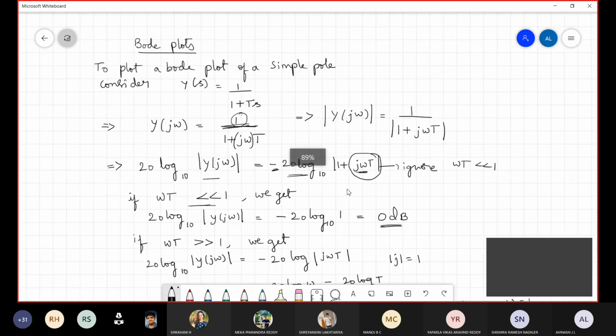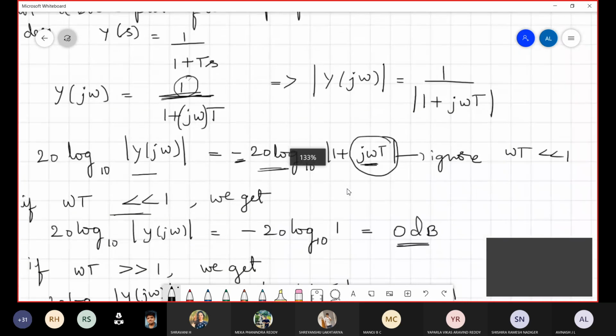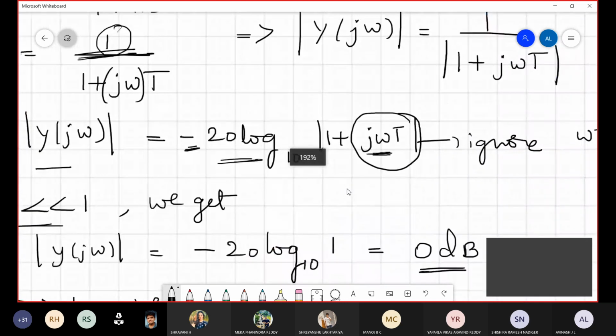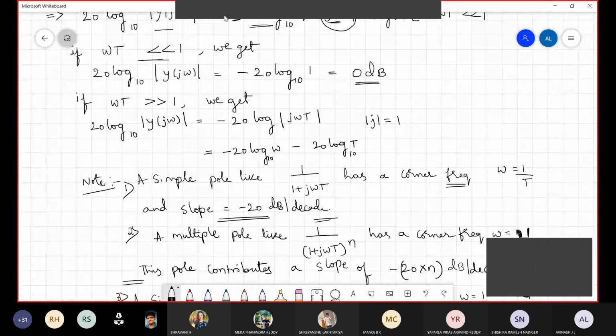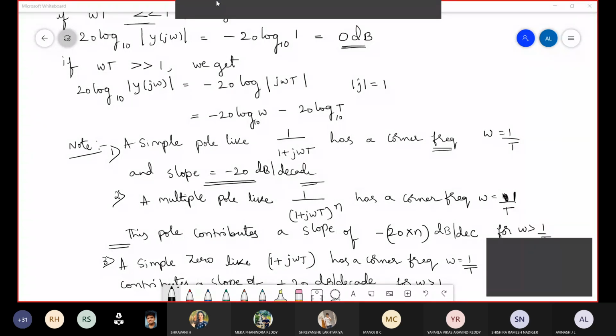We will understand one thing: minus 20 dB per decade is the slope we get for a simple pole. If it is a multiple pole, of the format 1 divided by (1 plus j omega t) whole to the power of n, we get the slope as minus 20 into n.